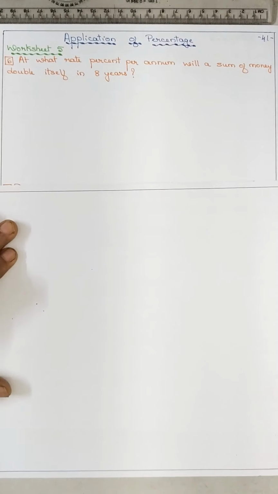We were discussing worksheet 5 of application of percentage. Now coming to the 6th sum. At what rate percent per annum will a sum of money double itself in 8 years? In the example we have done sums like this, isn't it? At what rate percent? So what have they asked?